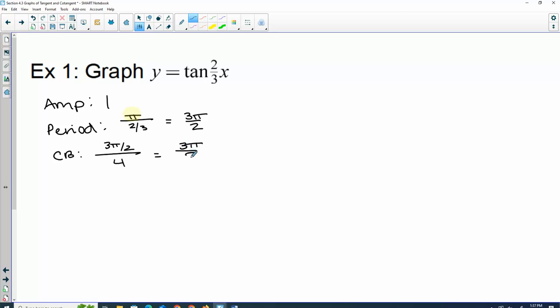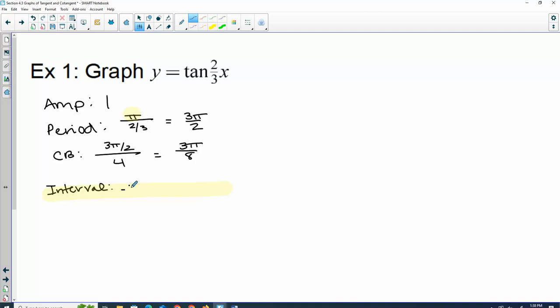And you can use your calculator on any of these that you need to, you just don't put in the pi. Interval is always helpful on these, I think, especially with tangent. Tangent and cotangent have weird intervals. We don't just go 0 to 2 pi. You can, but then you have to remember a little bit more about where the asymptotes go.